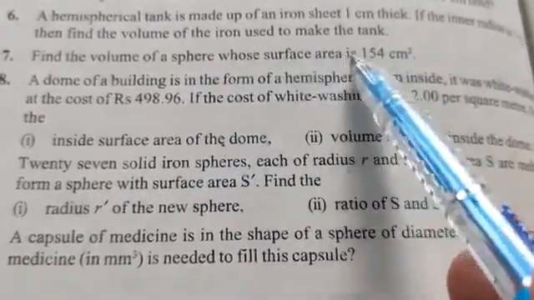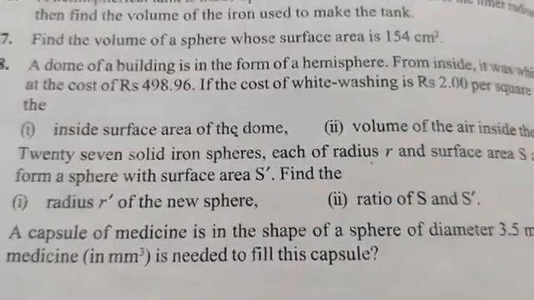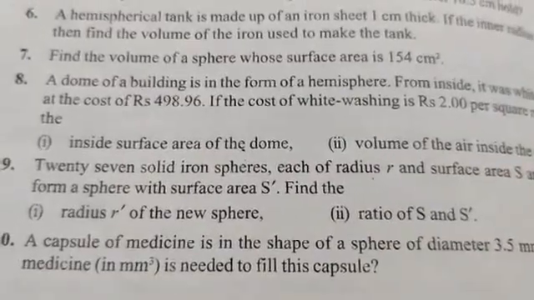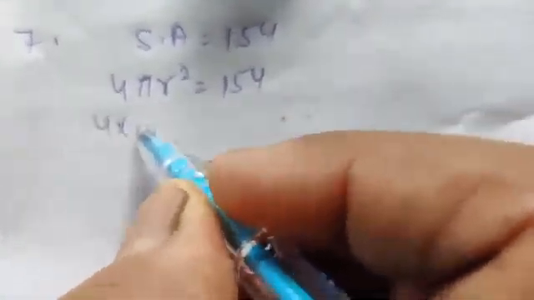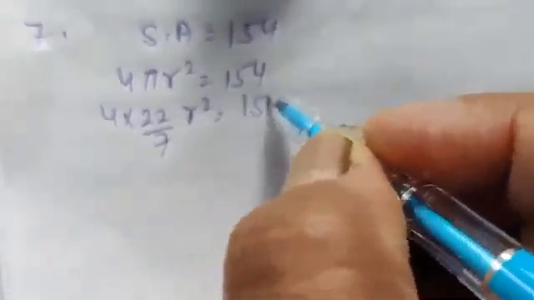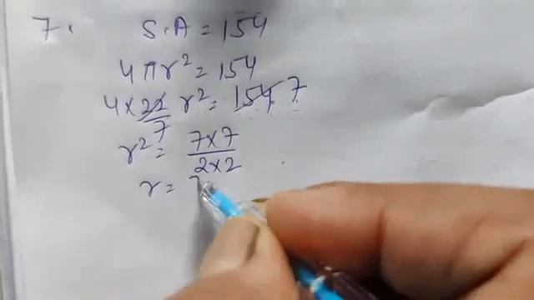By using 4 pi r square equal to 154, you will get the radius and find the volume of the sphere. 4 into 22 by 7 into r square equal to 154. R square equal to 7 into 7 by 4, means 2 into 2. Radius equal to 7 by 2.